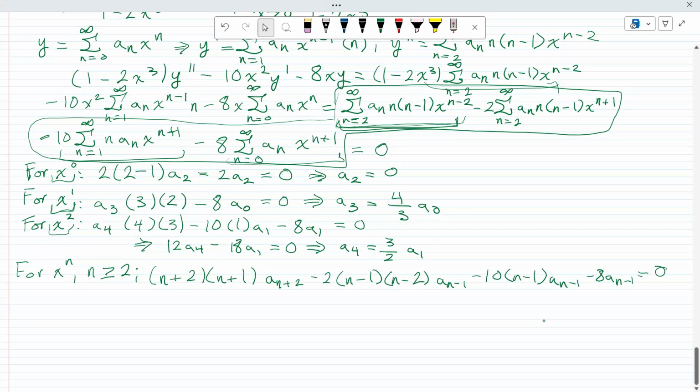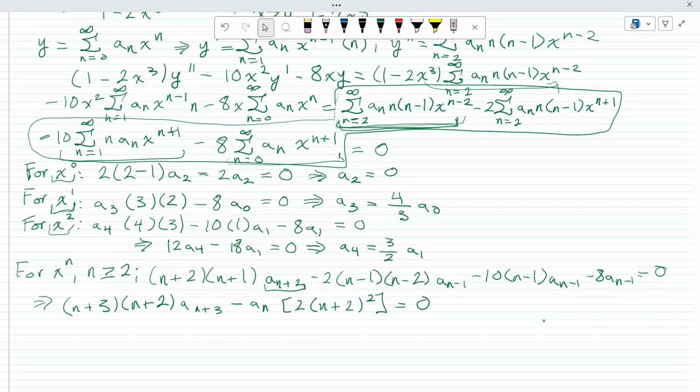And then I'm just going to skip a few steps right over here. We can adjust this index here by adding 1. So we get n plus 3 times n plus 2 times a n plus 3 minus a n times 2 times n plus 2 squared. All of this will be equal to 0.